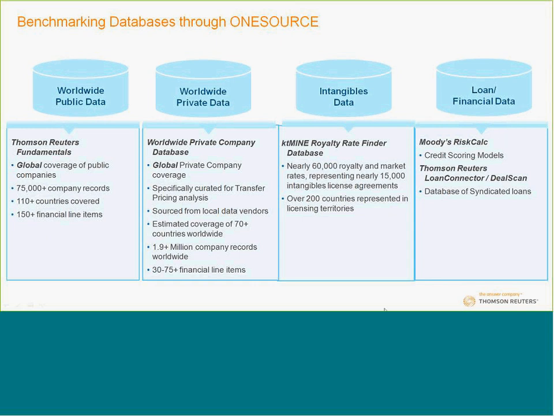We do also have certain partnerships with third parties and other business units within Thomson Reuters, where we provide one platform access to intangibles data from KT Mine, loan or financial data from Thomson Reuters Deal Scan, and also Moody's credit scoring model. So as you can see from the screen, it is a one-stop shop for all of the standard or typical benchmarking requirements for transfer pricing.